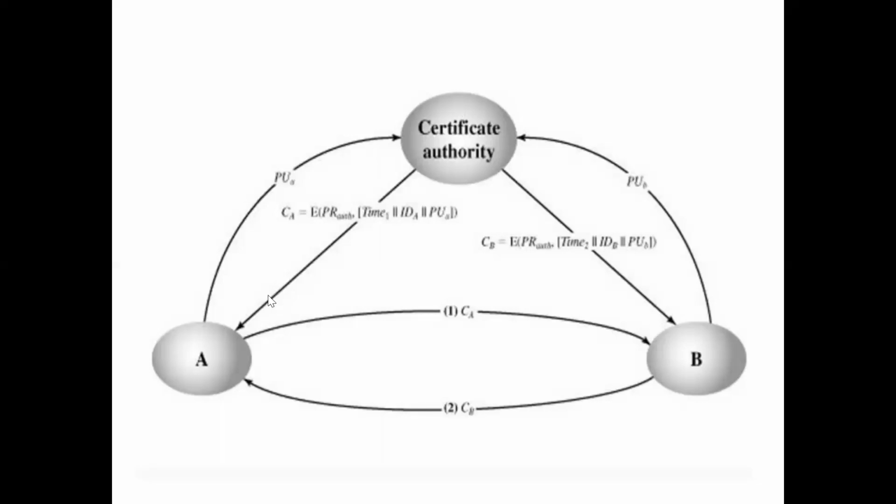The two lines represent the concatenation symbol: time concatenated with the identification of A, concatenated with the public key of the initiator. This information is encrypted by the certification authority, then the certificate is sent from the certification authority to the initiator.